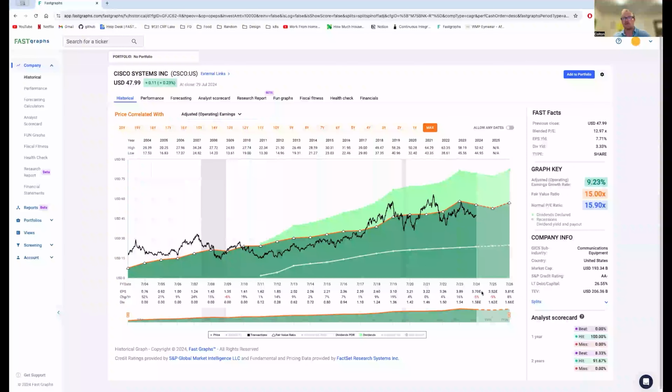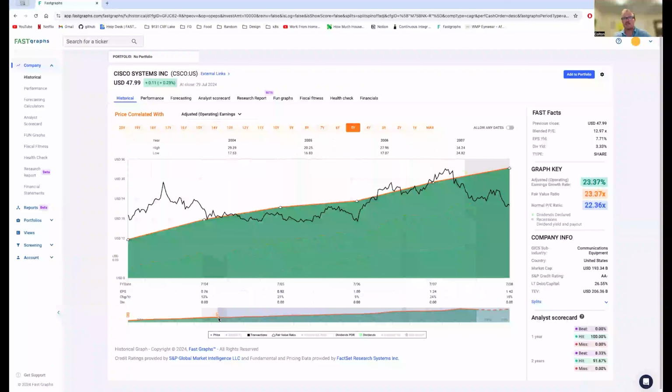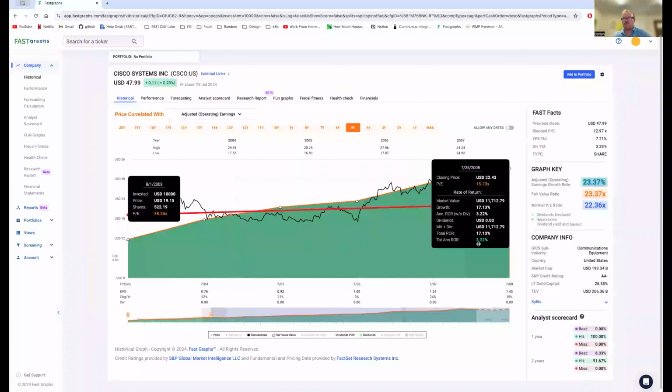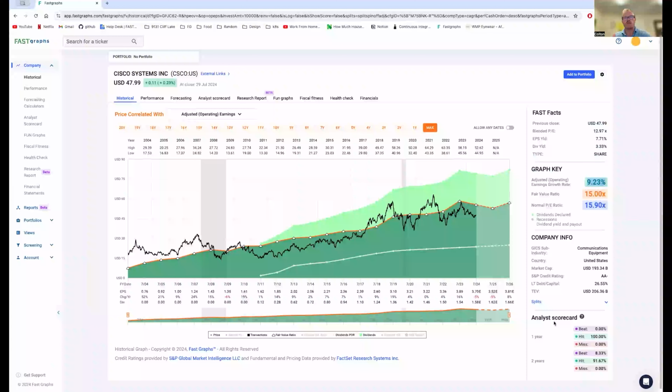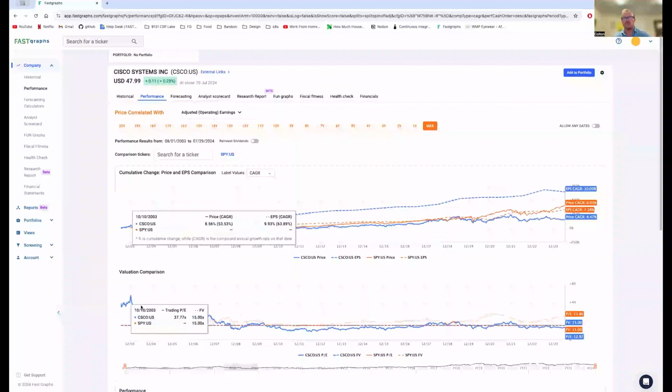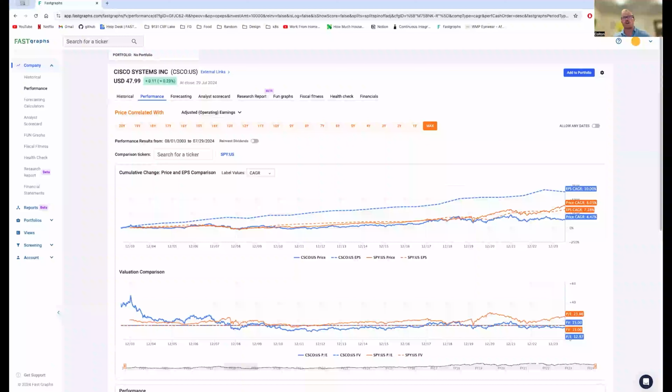Even though this company was growing extremely fast at this point in time, 23% a year, if you were to invest in this company over this time frame, you would have made 3.22% per year. Why? Because of overvaluation, okay? So valuation is super, super important, and this performance tool helps you understand what is also causing that performance to be affected positively or negatively.